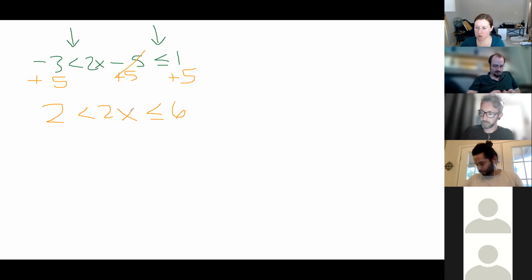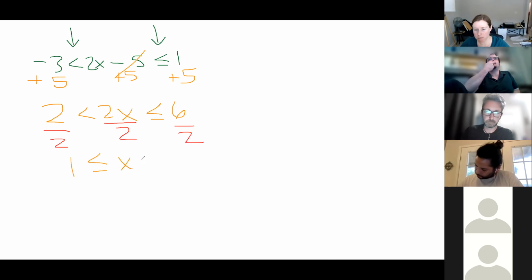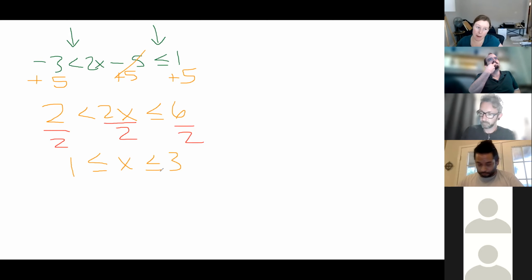Okay, same with the 2. We need to get rid of this 2, right? Right. Divide by 2, but not on both sides, instead on three sides. And now, doesn't this look like what we did today?